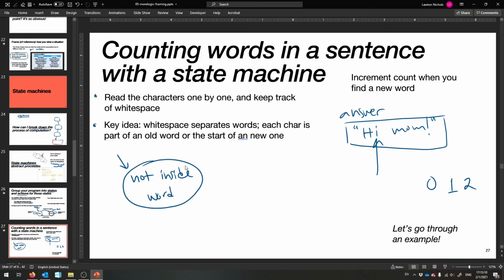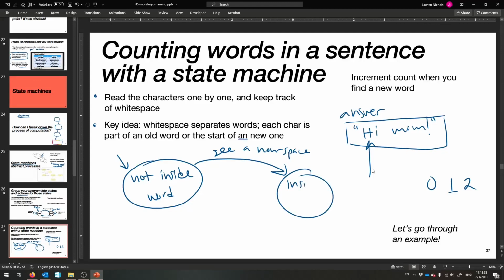Okay, so we're going to stay not inside a word as long as we see a space. But the second we see something that's a real character, like this first character here, we're going to be like, oh, I've seen a first character. I've seen a non-space character. And then we'll say, oh, I must be inside a word now.